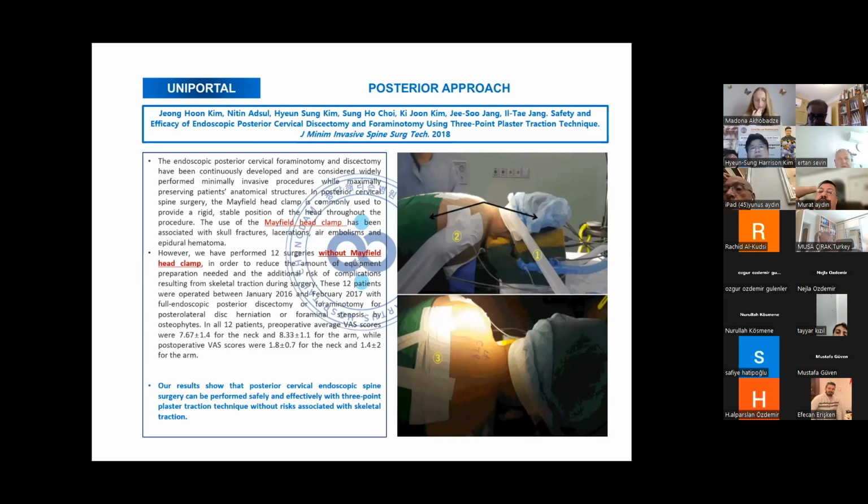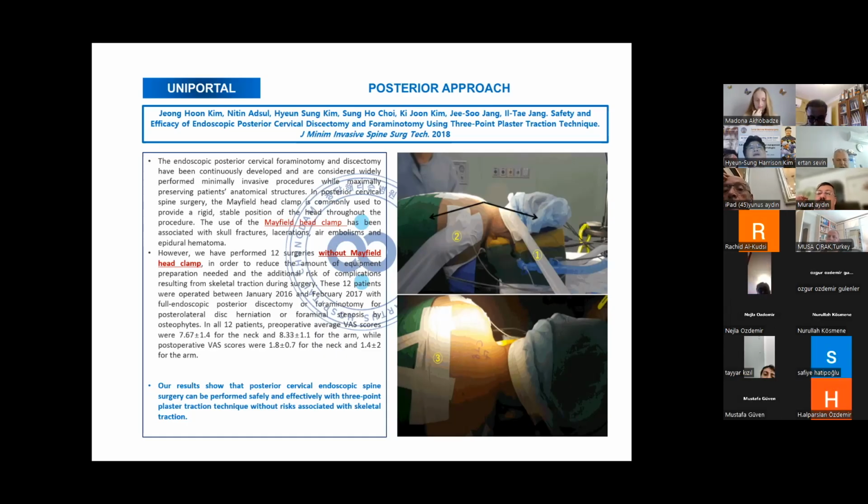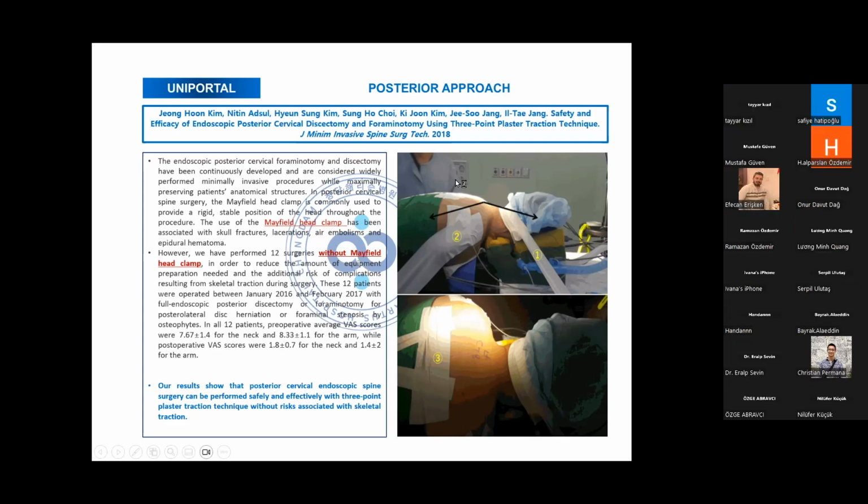Nowadays, after introducing this 3+ technique, we do not use the head clamp or any kind of instrument on the cranium, so the patient receives an easier operation. This 3+ technique is very important. I became interested in this technique around 2018, for general minimally invasive spine surgery.